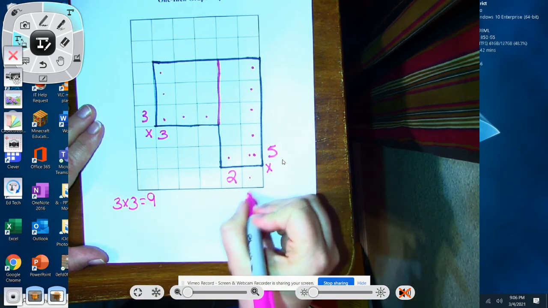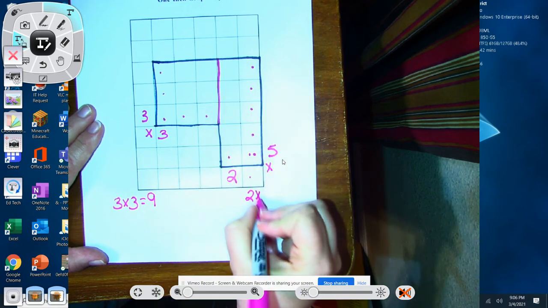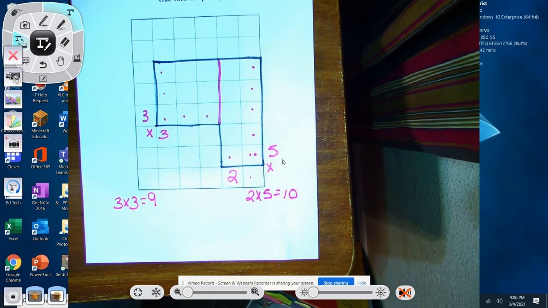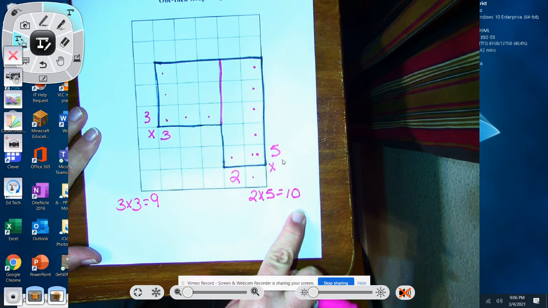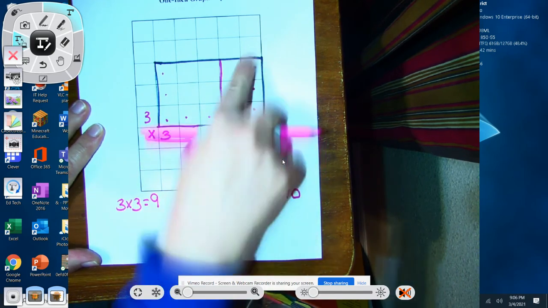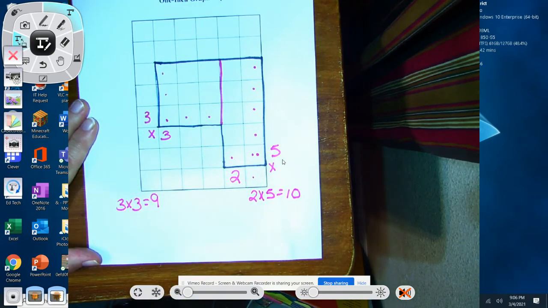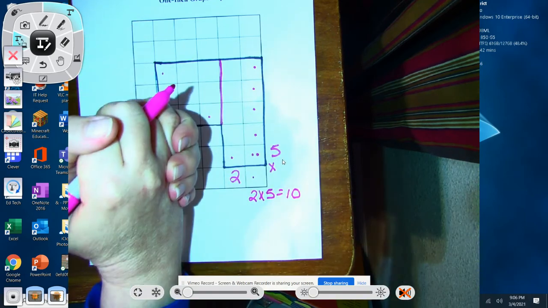And then I have 2 times 5, this shape right here. 2 times 5 equals 10. Well, okay, so Mrs. Roberto, it's 9 and it's 10. But I need to know this whole shape. So I have a shape here and I have a shape here. What should I do? Because I need to put them together. What do I do when I want to put something together?